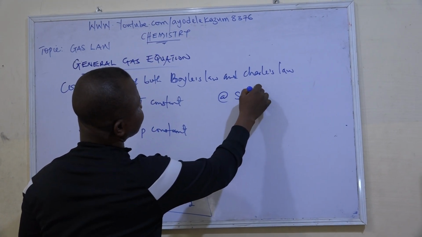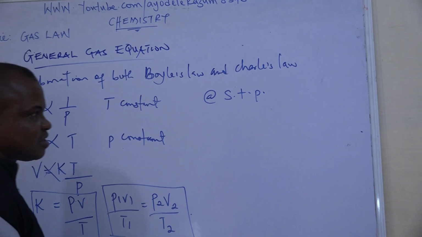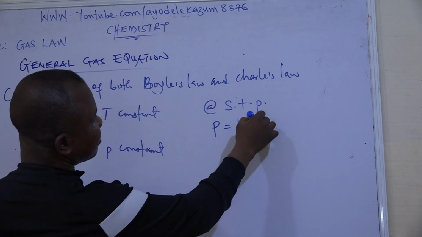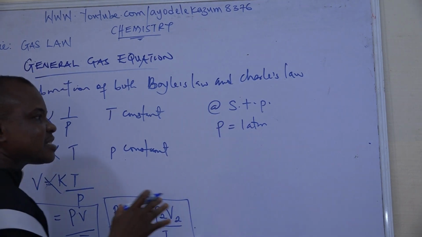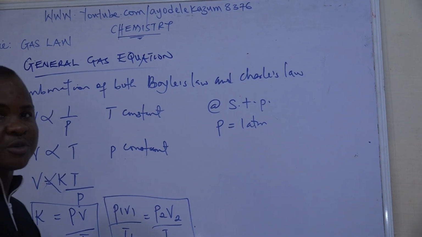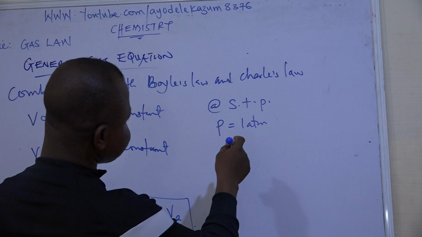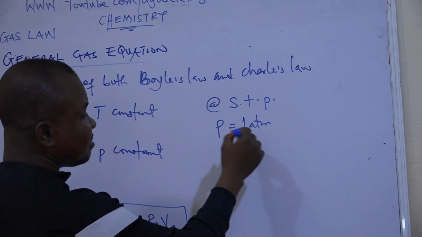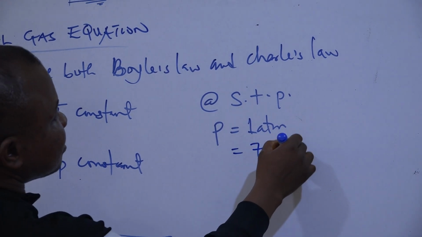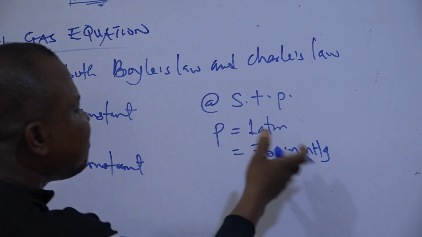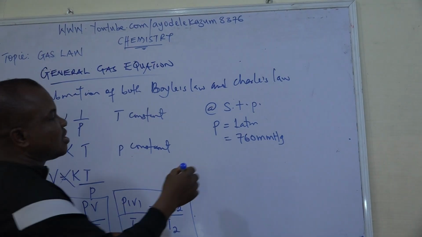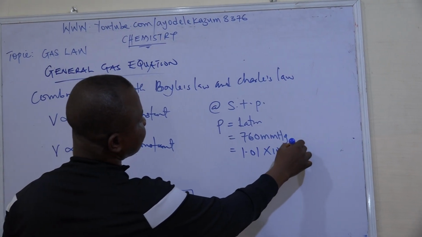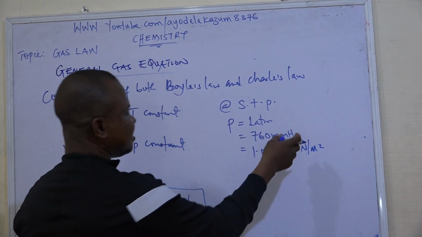Now, let's look at something at STP. STP means standard temperature and pressure. At STP, pressure is 1 ATM, or 760 mmHg if the unit is mmHg, and it can also be 1.01 times 10 to the power 5 newton per square meter in this unit.